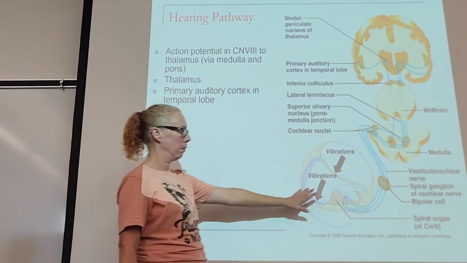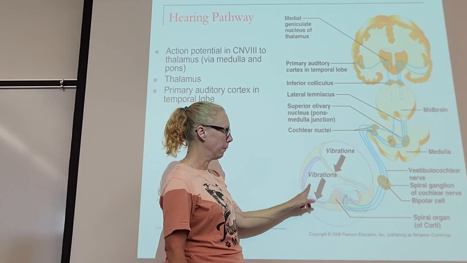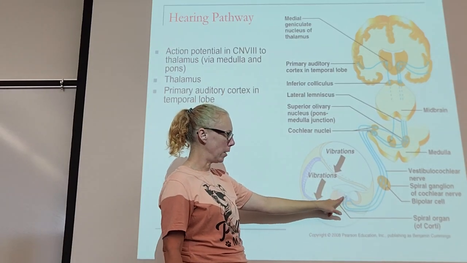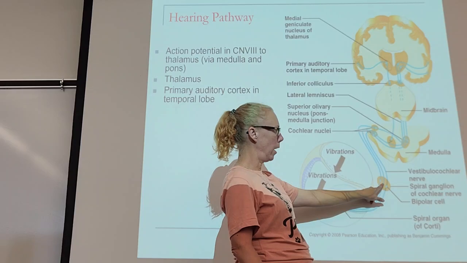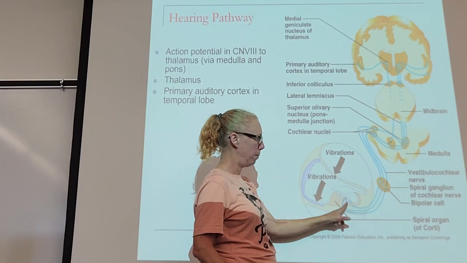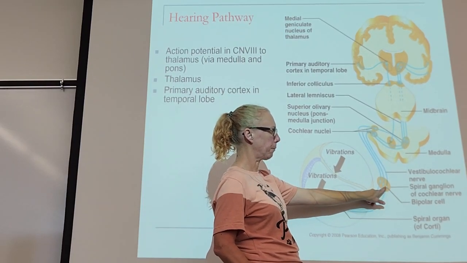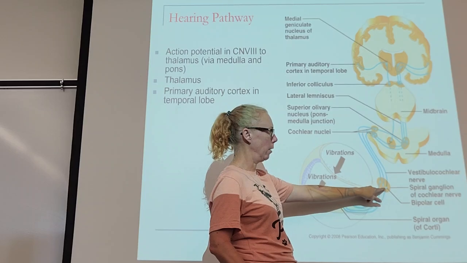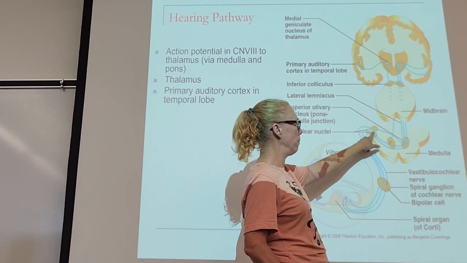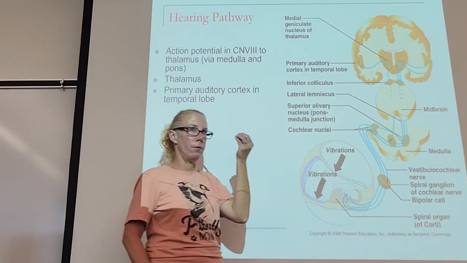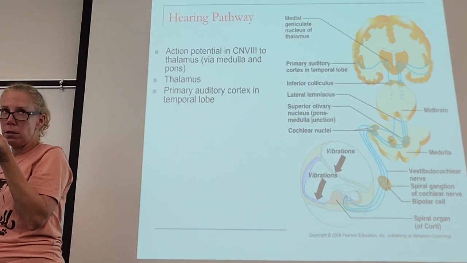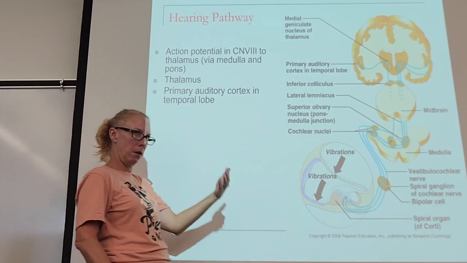So we're in scala media. You've got tectorial membrane with the hair cells. Okay, nerve endings. Okay, these look like sensory bipolar cells. Okay, you only find these in the eye and the ear. They're going to come up, bringing in sensory information. They're going to synapse in deep clusters of gray matter in the CNS, where we find synapses in cell bodies and things.